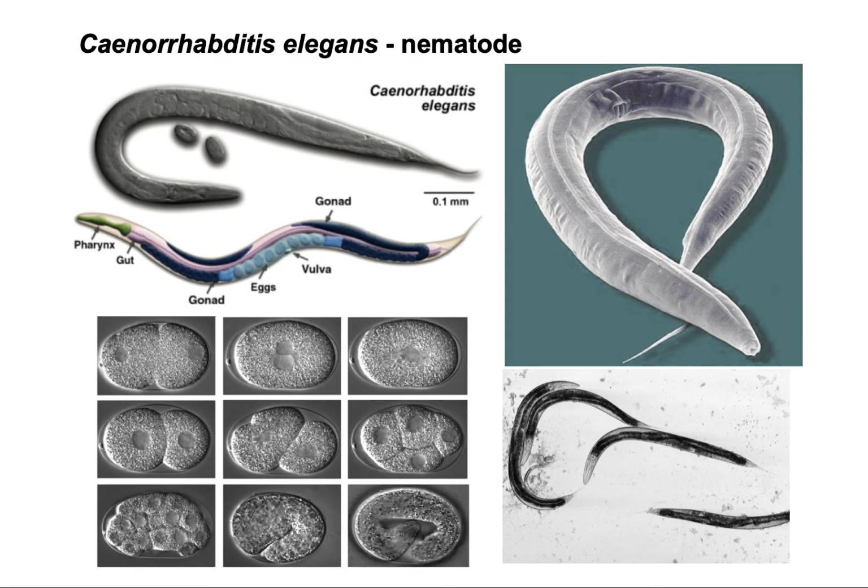Now, to move up to a complete organism, one of the ones that's been studied the most is Caenorhabditis elegans, which is a nematode. It contains about 1,000 cells, and so they're easy to follow through. Caenorhabditis elegans has males and hermaphrodites.